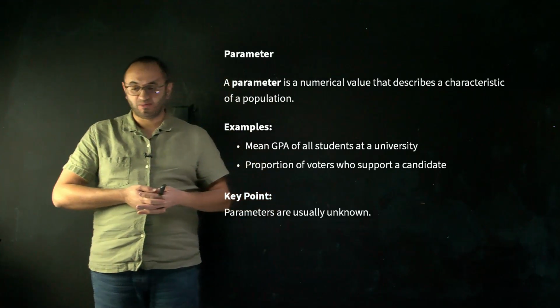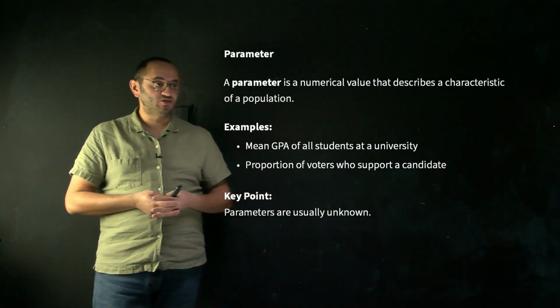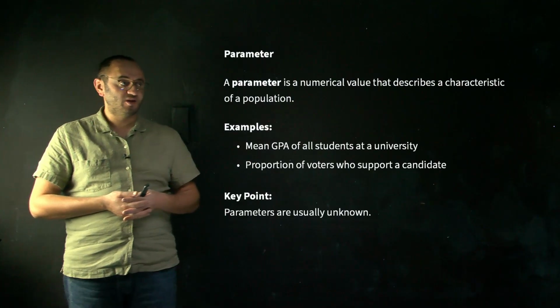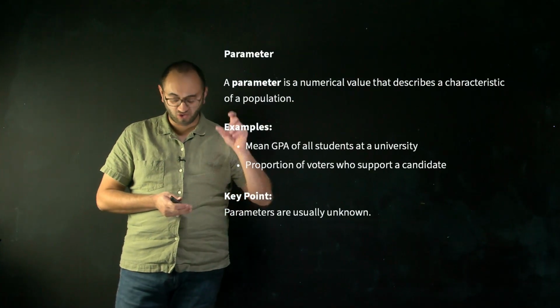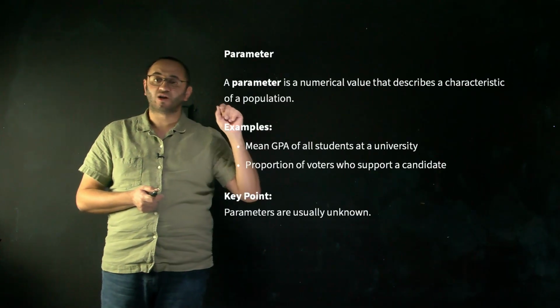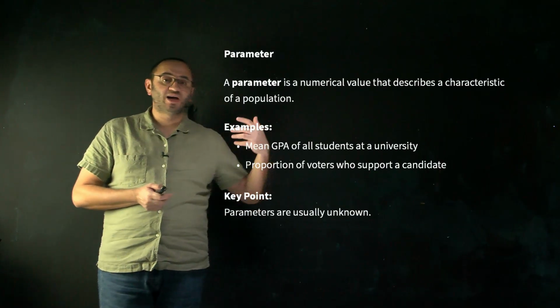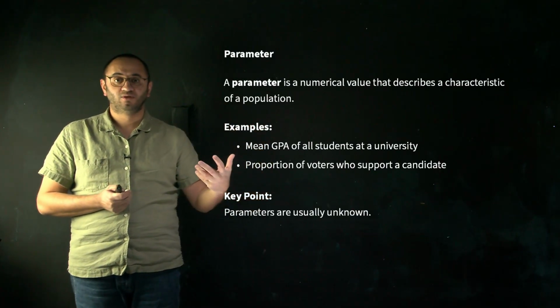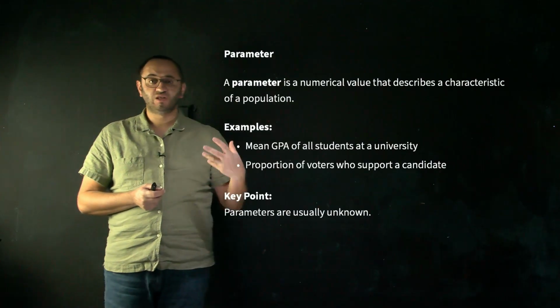Next is parameter. A parameter is a numerical value that describes a characteristic of the population, such as the population mean and population variance.